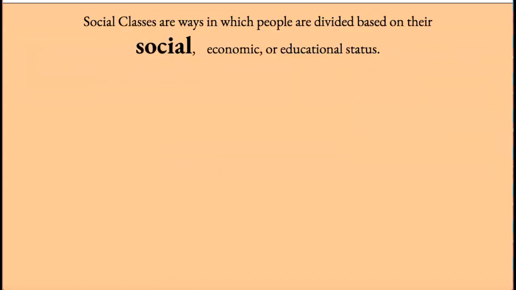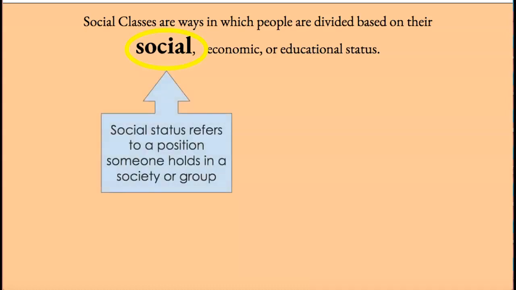Social classes are ways in which people are divided based on their social, economic, or educational status. So let's break that definition down. Let's take a look at social status. What is social status? Social status refers to a position someone holds in society or group.